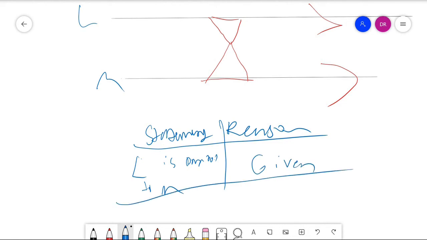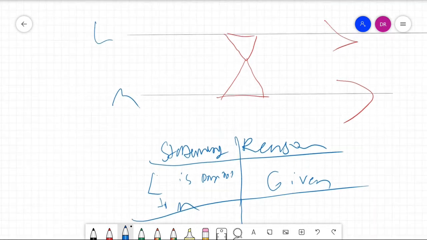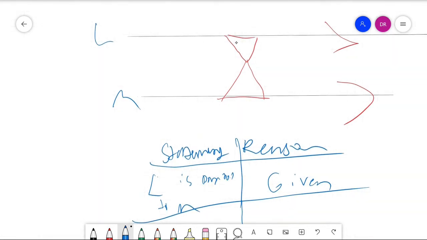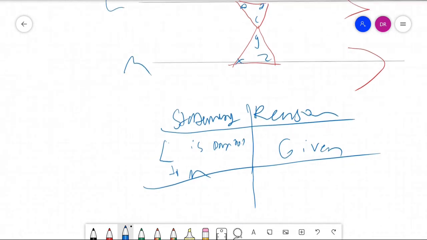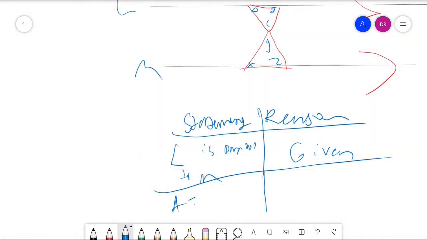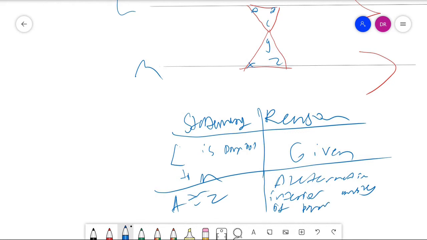And then by this, let's name these angles A, B, then C, and then this angle X, Y, Z. Okay, so we know that A is congruent to Z because alternate interior angles of parallel lines are congruent.